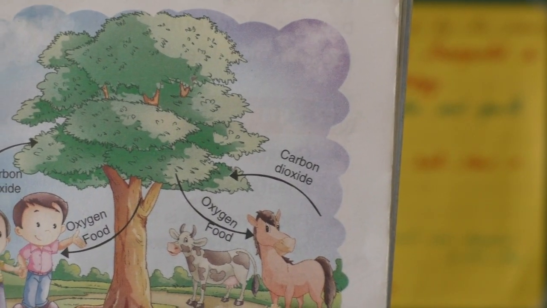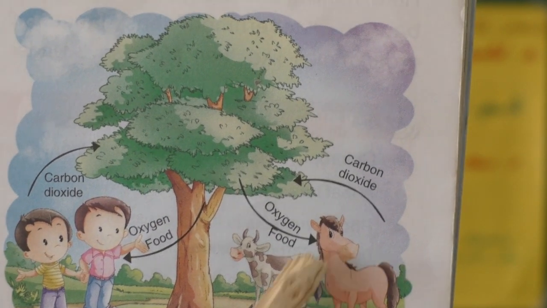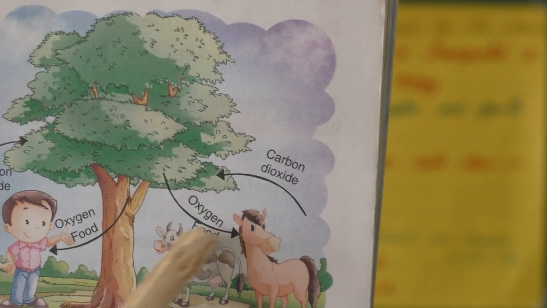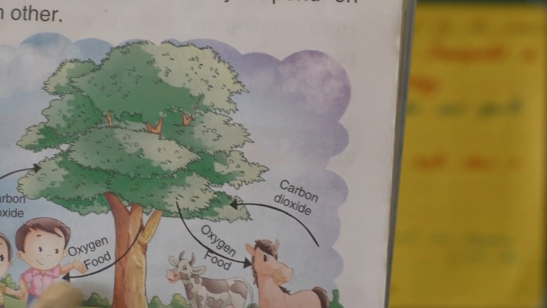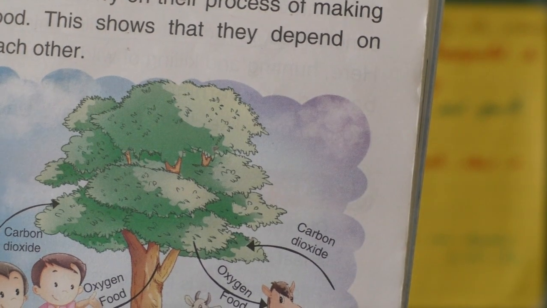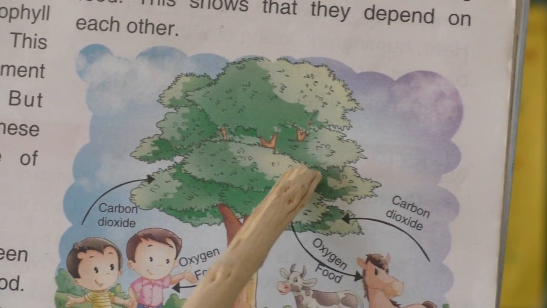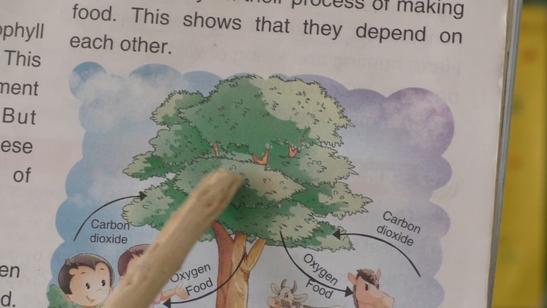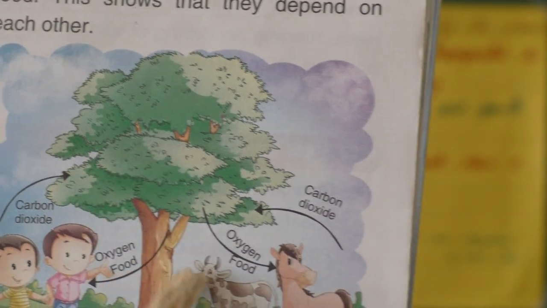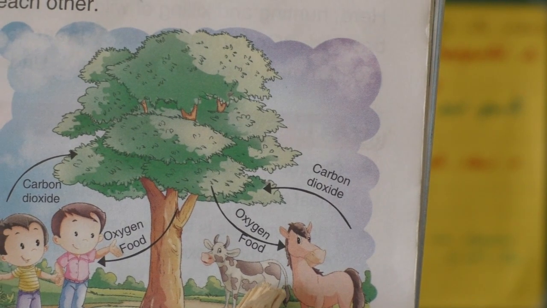Animals are given here, and we also come under the animal family, no? So oxygen and food is utilized by the animals. Carbon dioxide is given by animals to the plants, and that carbon dioxide is taken by the plants, and as a result it gives out oxygen and food to the animals.